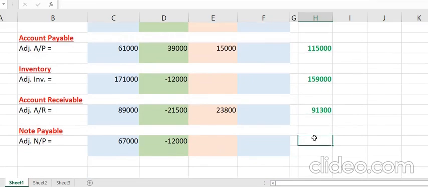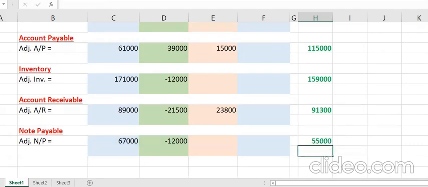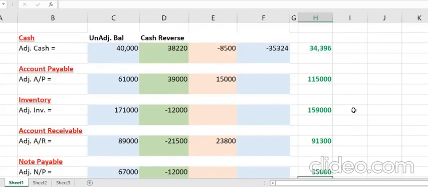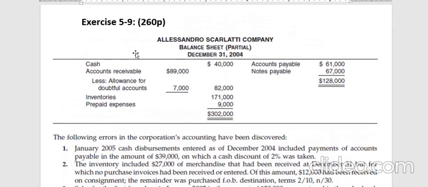So we get the sum value here. All of these values are with us. Then these adjusted balances we will shift to the partial balance sheet of ours. We will recreate the current asset section and the current liability section for the company.